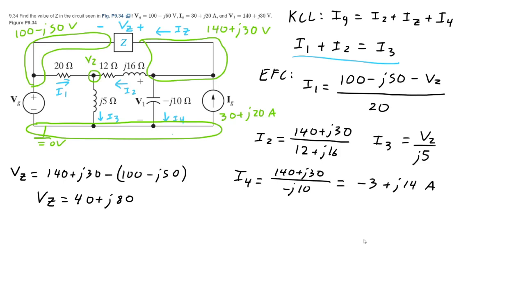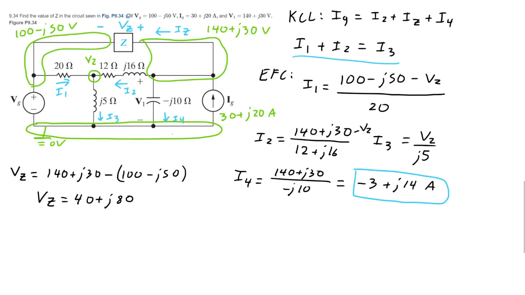Now we're a little bit fortunate. The problem gives us I4 right away because we're given what V1 is. We're also given the impedance of the capacitor at the given frequency. So we already got one of those things squared away. Now we just need to find out what I2 is. The expression, I made a little bit of a mistake right here.